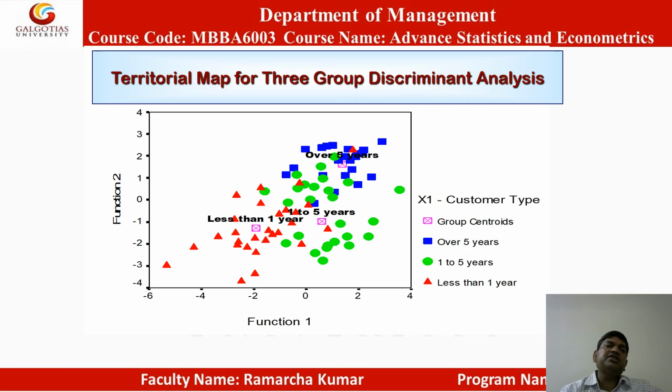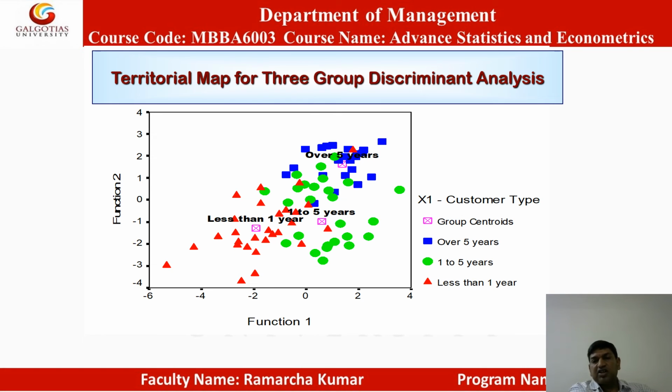So here you can see territorial map for 3 group discriminant analysis. X1 is customer type. So group centroid is shown here. So there are 3 groups. One is over 5 years, customers since last 5 years or more, and then customers from 1 year to 5 years, and less than 1 year.